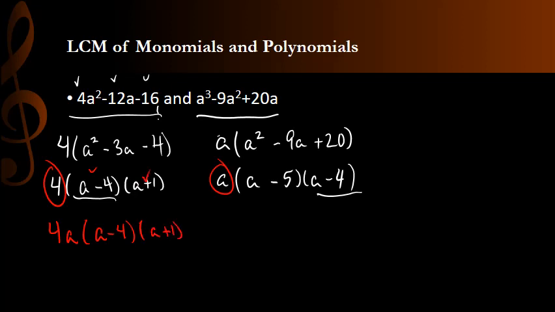I'm picking that one up now. Then I'm going to pick up this third, a minus 5. And that is the least common multiple of those two polynomials.